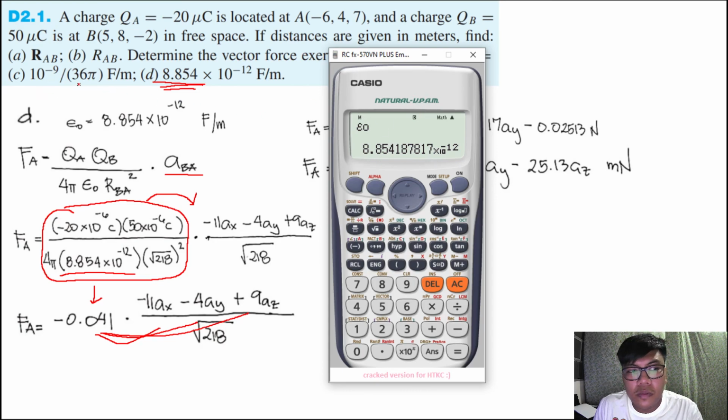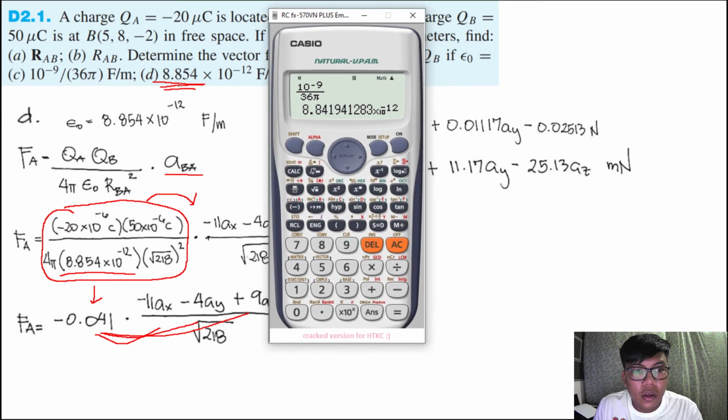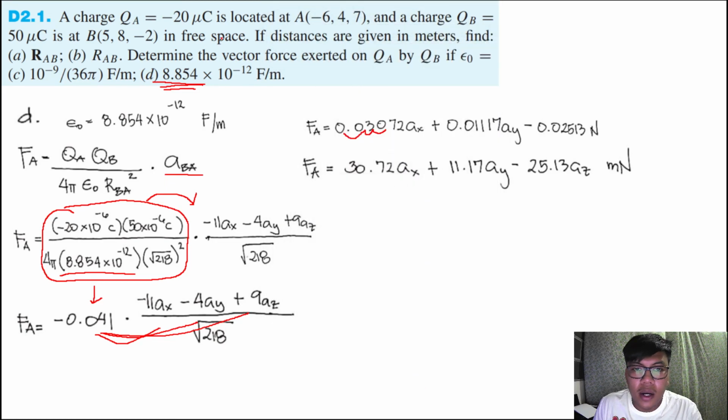Samantalang ito, 10 raised to negative 9, masakto, no? Subukan natin pindutin. 10 raised to negative 9 over 36 pi. Oh, ang layo ng diferensya. So, ito 8.854. Itong 10 raised to negative 9 over 36 pi is 8.8419. No? Doon pa lang, makita na natin yung difference ng dalawa.